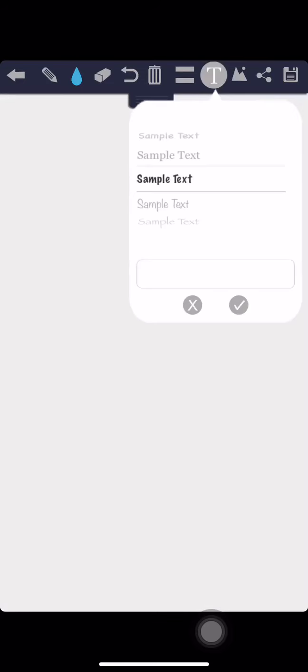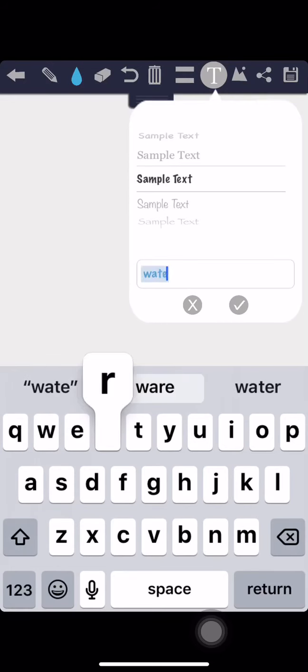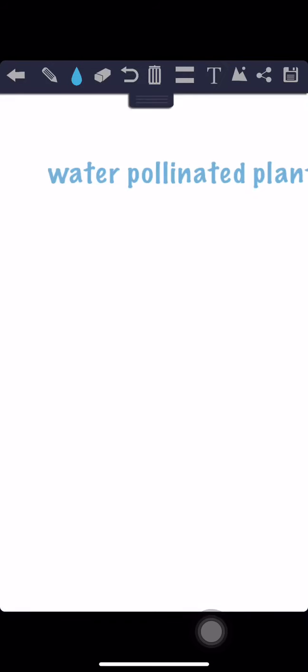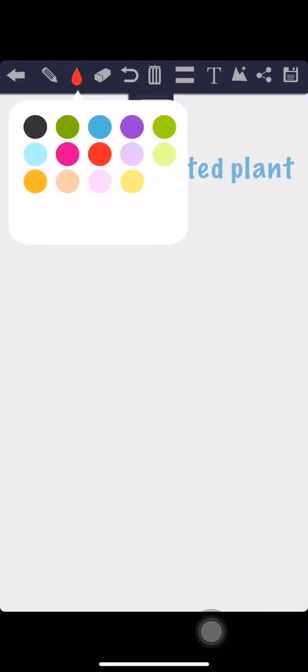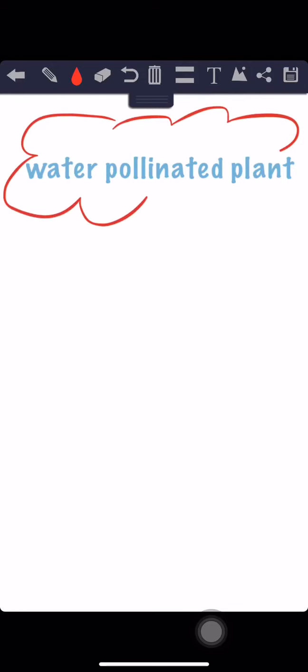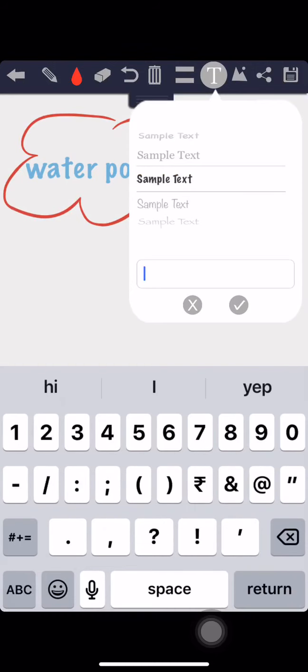So our next plant is the water pollinated plant. So what are the adaptabilities of a water pollinated plant?